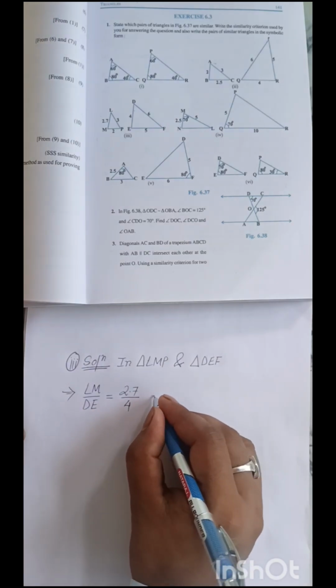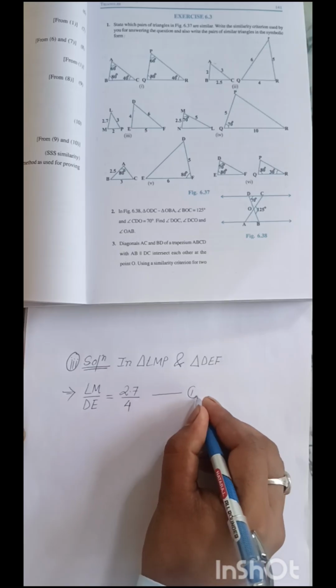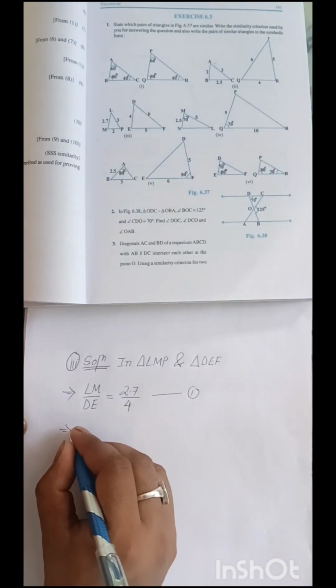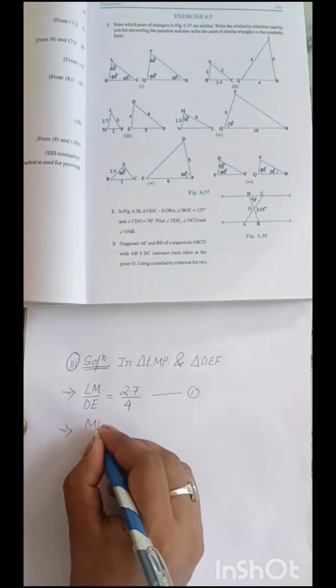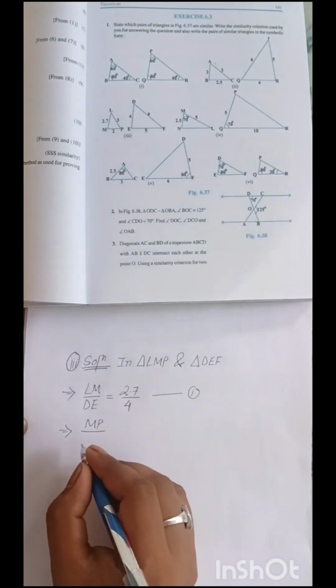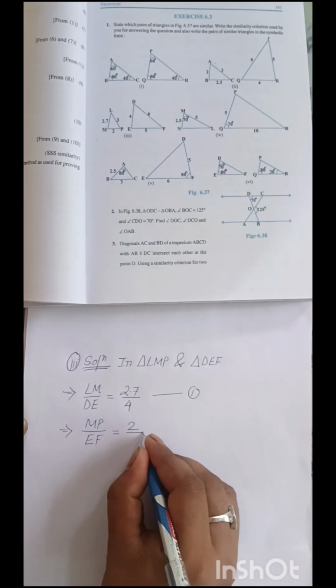Call this equation number 1. MP by EF, and the value of MP is 2 and EF equal to 5.